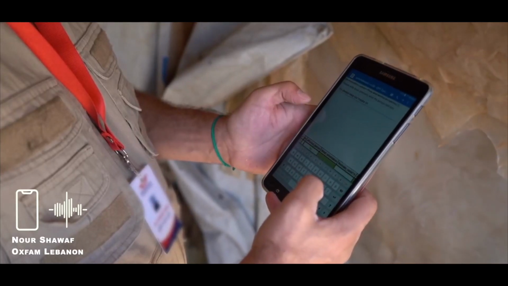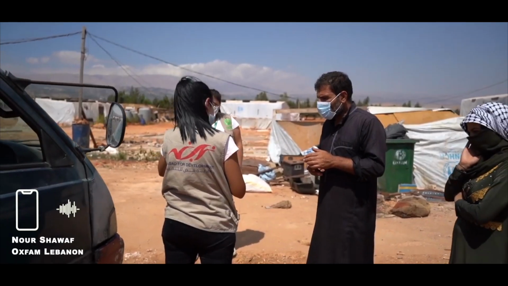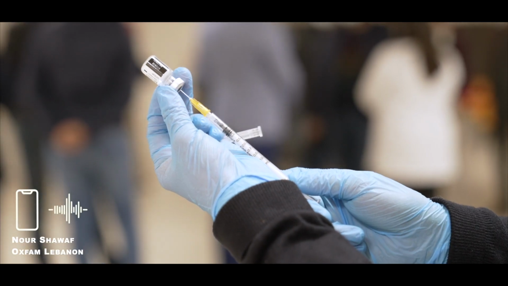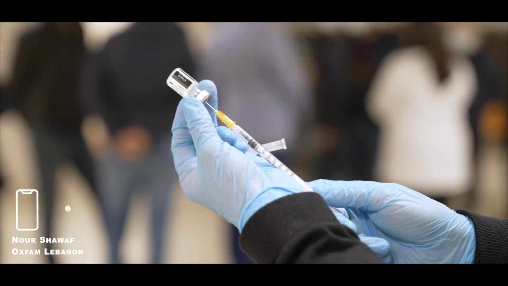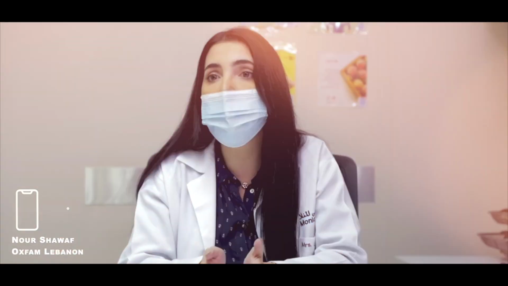We don't have the information. And this is how it all started. It was one single perception. So we did receive a lot of flexibility from our donors on facilitating access to vaccines before it became available to the refugee community. So we were prepared, and this is what helped us move forward with it quite quickly.